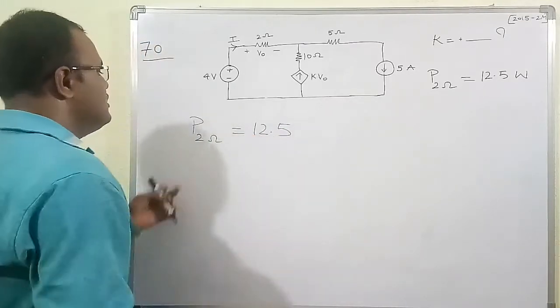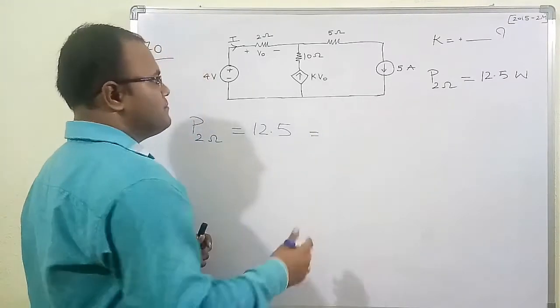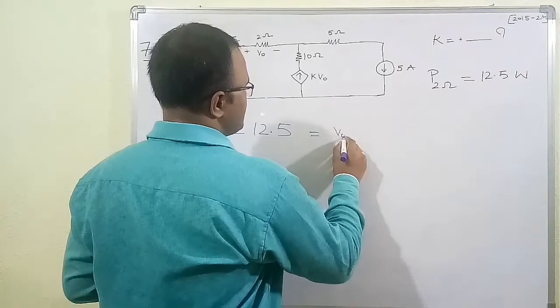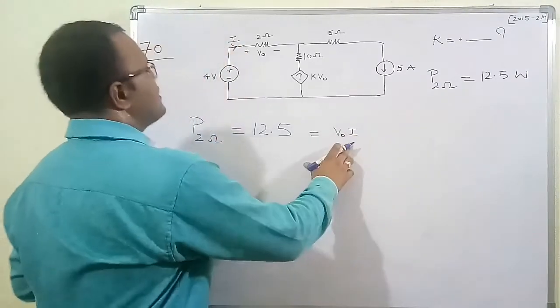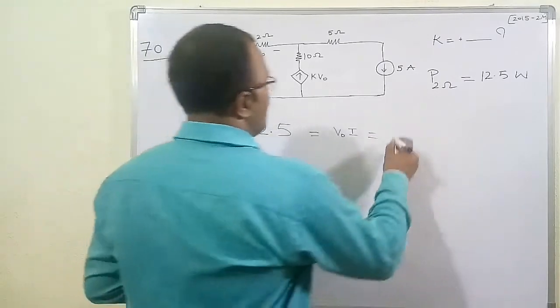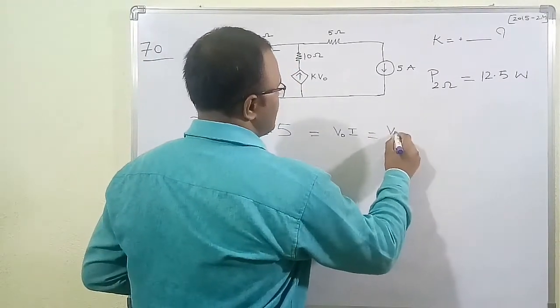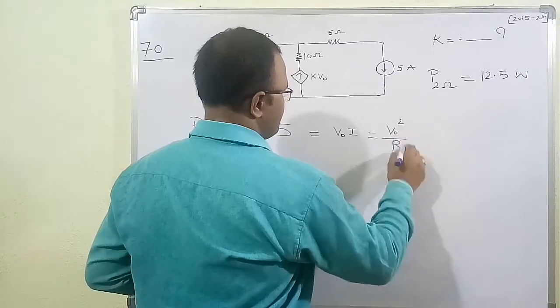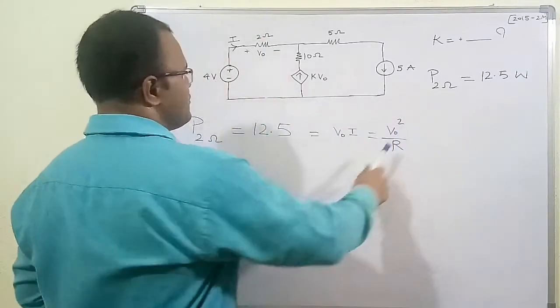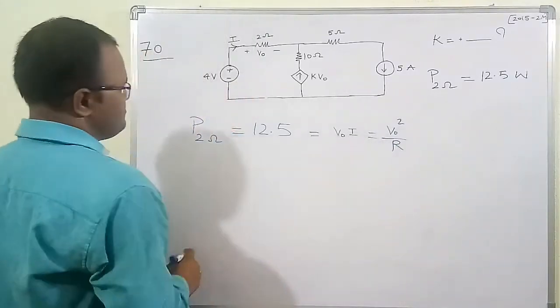Power is also given by the equation I square R, or with the voltage across the resistor and the current in the resistor, I is equal to V0 by R, so we can also write it as V0 squared by R. As the R value is known, we need to find the value of V0.